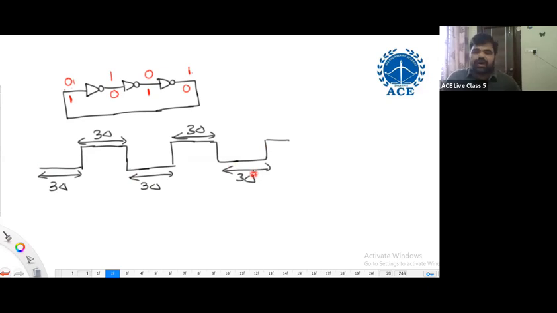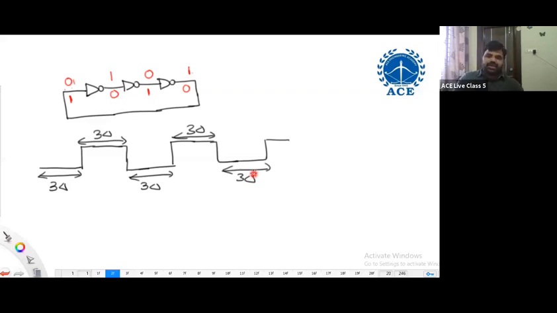Both 0 and 1 are unstable. So, if you are observing, it is astable, can be used as an oscillator. Oscillator can be used as a clock generation or clock generator.